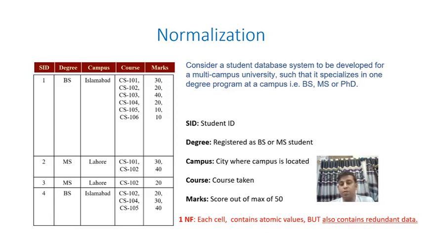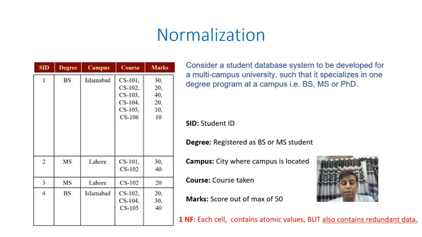Consider a student database system to be developed for a multi-campus university such that it specializes in 1 degree program at a campus, i.e. BS, MS or PhD. We are considering a scenario in which a university's student data is considered, and the university has 3 different campuses in 3 different cities, let's say Lahore campus, Islamabad campus and Karachi campus.